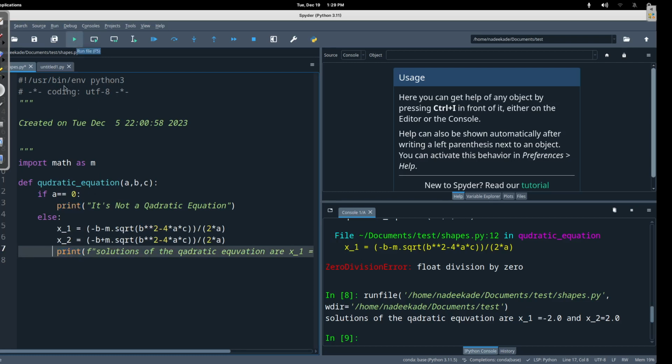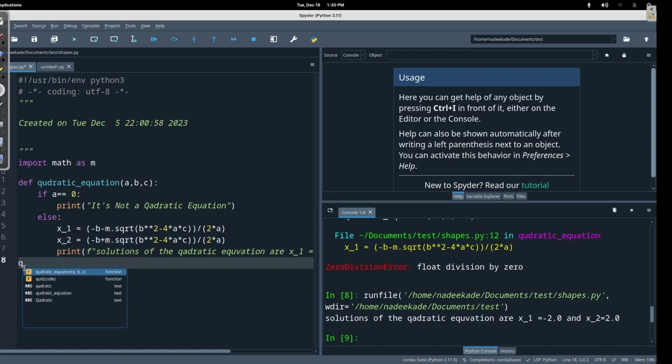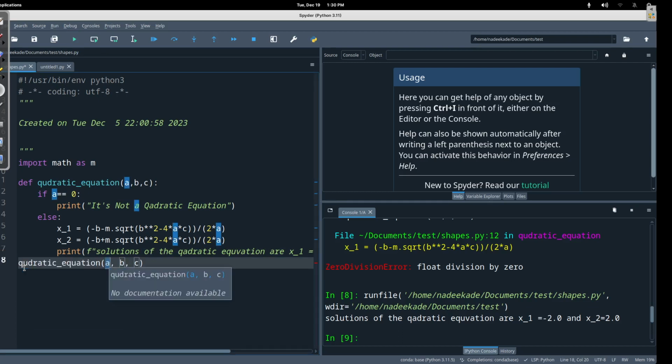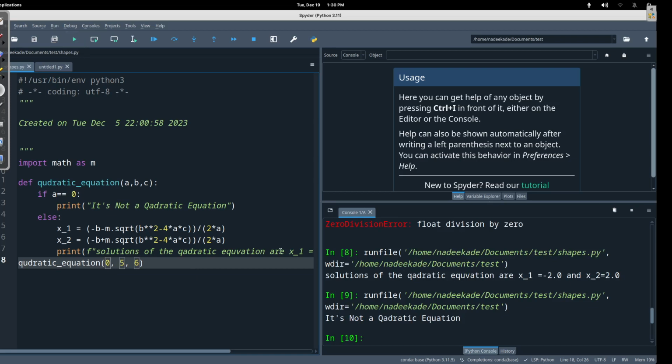So now I can give a linear equation, let's say. So here for a I give a 0 value intentionally, b let's give 5. So this is 5x plus 6, x equals 0, no? Now if I run this one, it says not a quadratic equation.